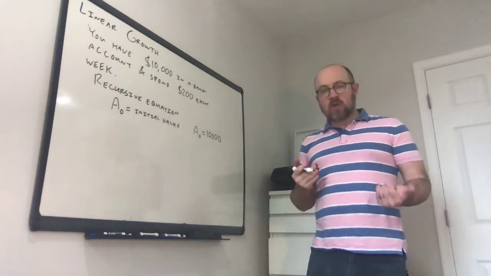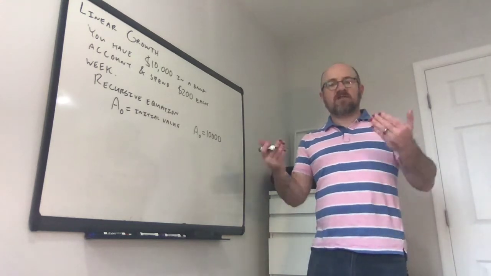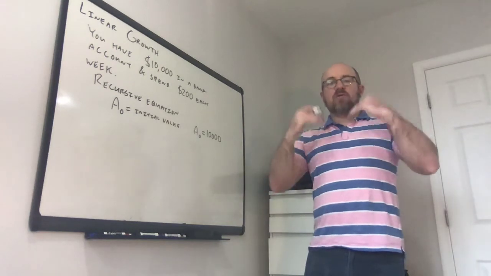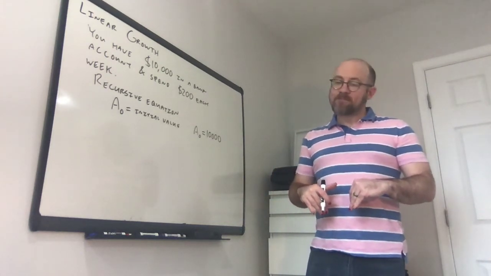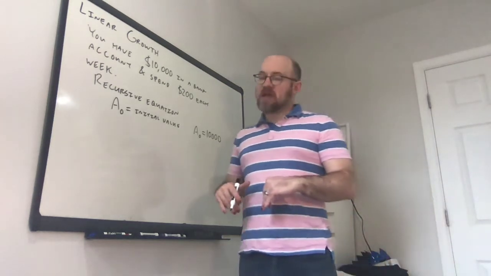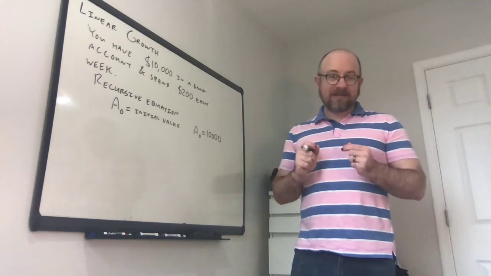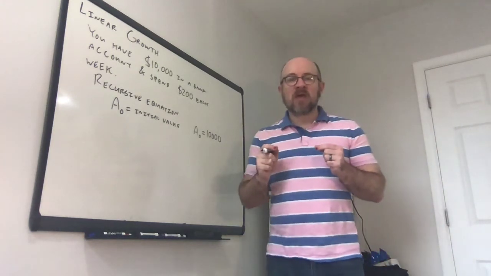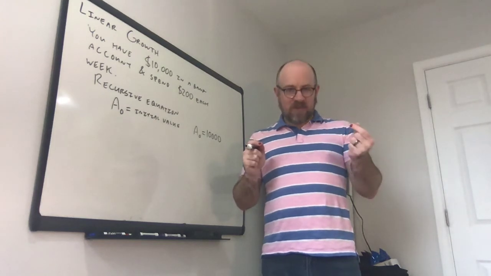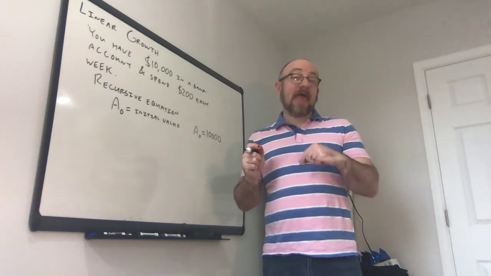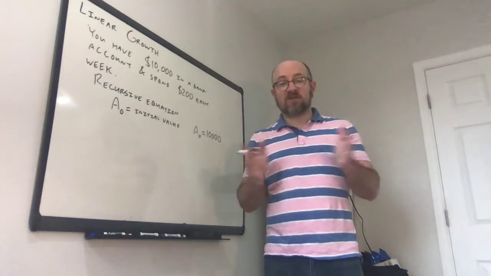And then the other thing we know in this situation is that each week, to go from the value in one week to the value in the next week, we subtract 200. Okay? And if you think about our variables, and this is where it gets a little bit tricky, so pay attention to what I'm saying here. If you think about getting the value for this week, say we're in week n. We don't want to write down a particular number because we want something that applies to every single week.